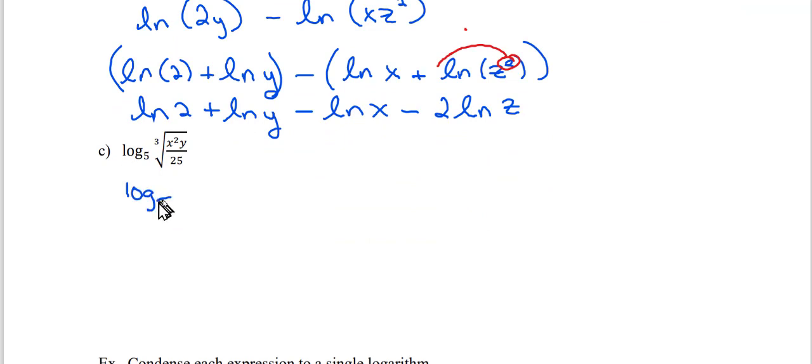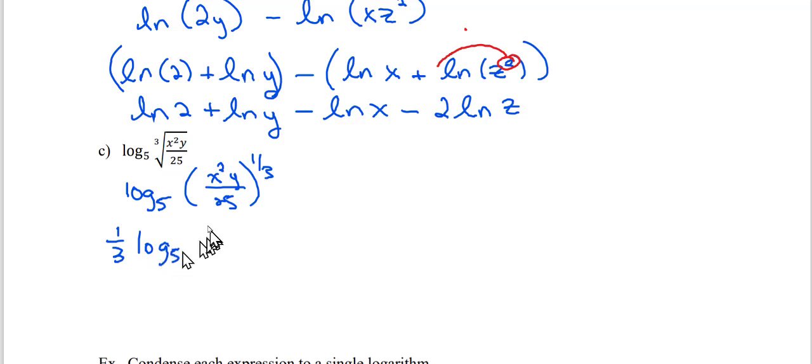First, I'm going to write this as log base 5 of x squared y over 25 to the 1/3 power. A cube root is the 1/3 power. I'm going to bring that 1/3 out because it is on this entire thing.